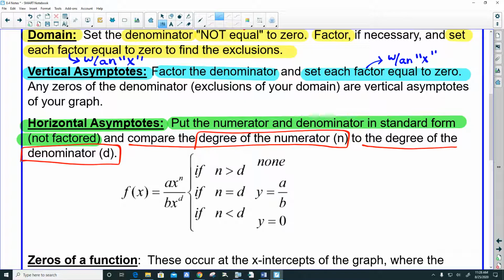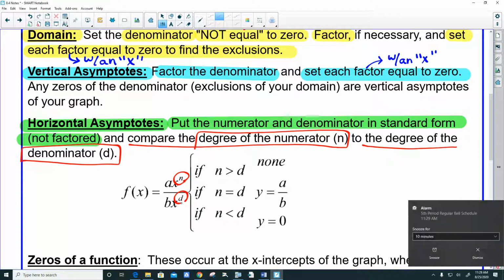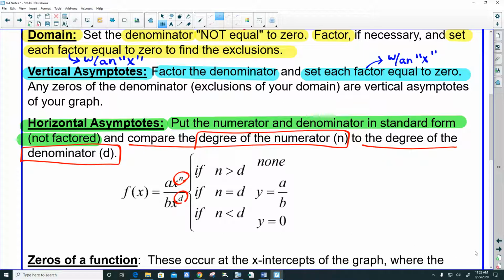So remember, the degree of a function is always like the highest exponent for any given term. Okay? And so we're talking about comparing the degree of the numerator n to the degree of the denominator d. And essentially, you have three possibilities. Either n is greater than d, n is equal to d, or n is less than d.